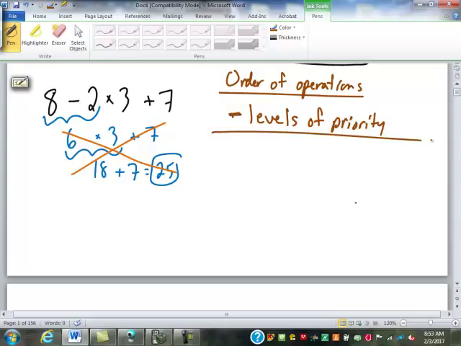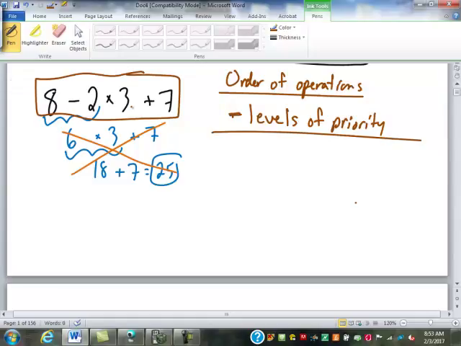And it only applies in generic problems like this where there is no context. There's no setting that the problem occurs in. If you're dealing with a story problem, there's a setting or a context that tells us what has to happen first. So order of operations only applies to these generic problems where it's all numbers and operations.